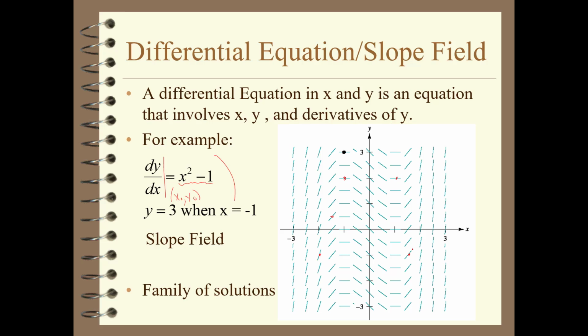You use that to predict what the curve has to look like, because any curve you draw in this slope field can only be a solution to the differential equation if at all times the curve uses these things as guides or tangent lines. So for example, this curve here, that is not a solution.